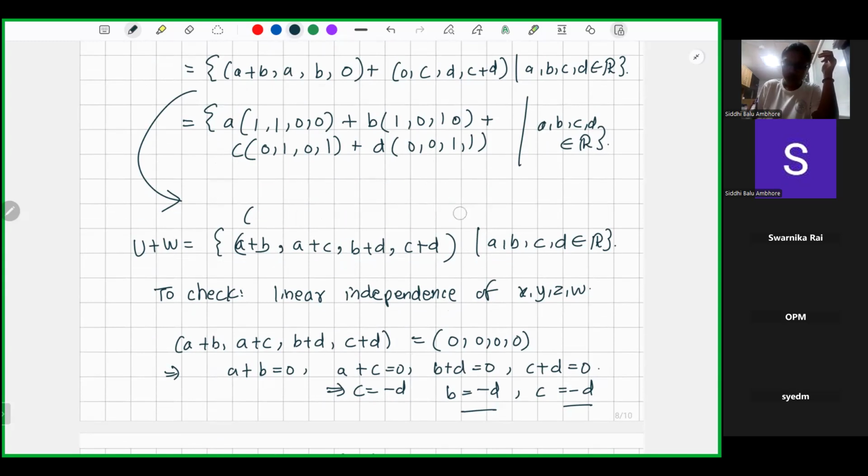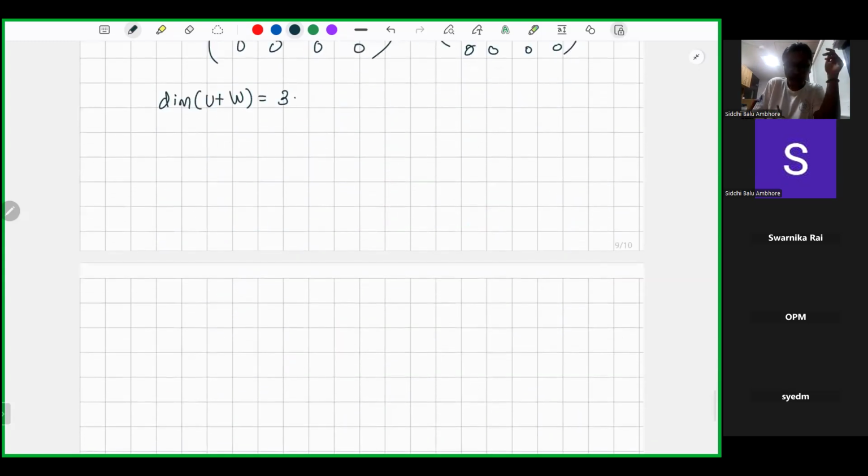Let us try to write this 0, 0, 1, 1 as a sum of 1, 1, 0, 0 plus 1, 0, 1, 0 and 1, 0, 0, 1.